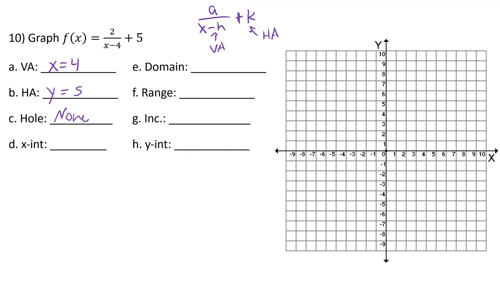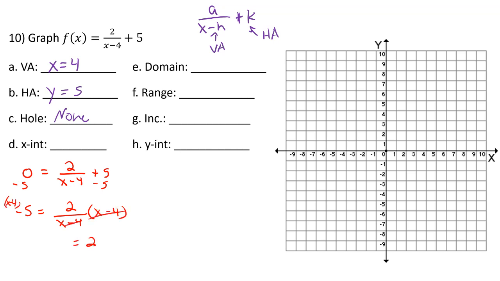Okay, so we have to plug a 0 in for the y. So we have 2 over x minus 4 plus 5. I would minus the 5 over. And now we'd want to solve this. So I would multiply both sides by the denominator.